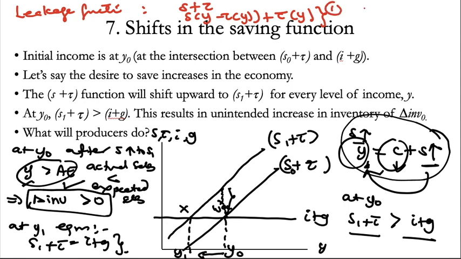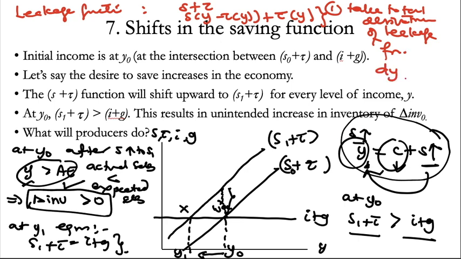Step number 1, take the total derivative of the leakage function. After you take the total derivative of the leakage function thoroughly, then you can see in your answer there will be one common term that you can factorize, and that common term is the change in income, dy.